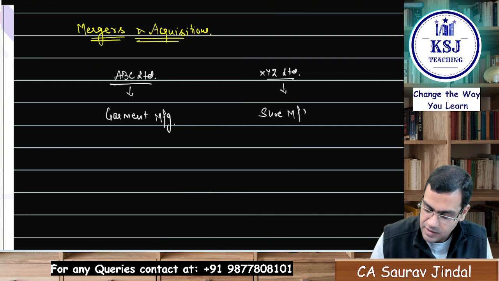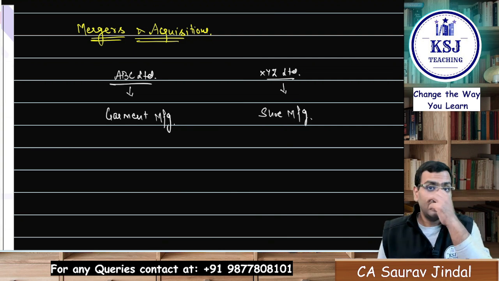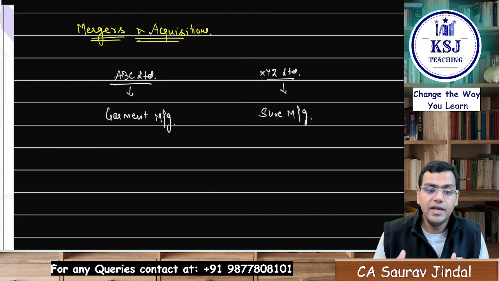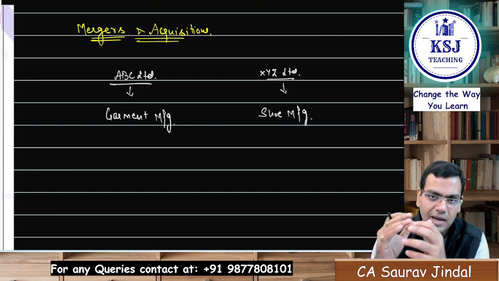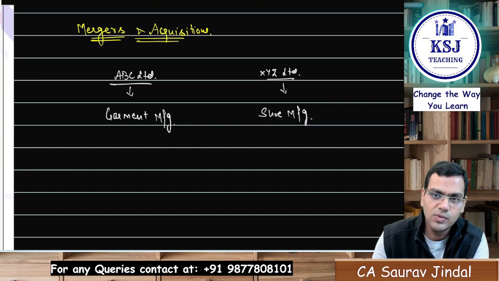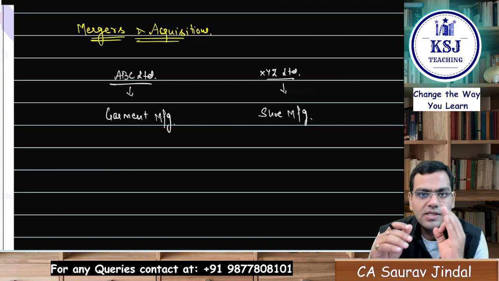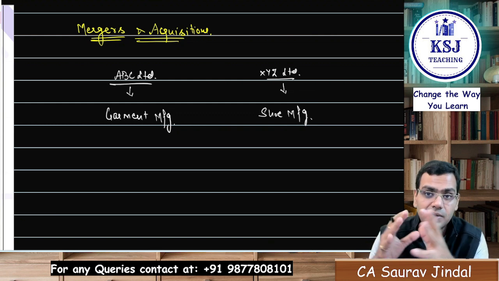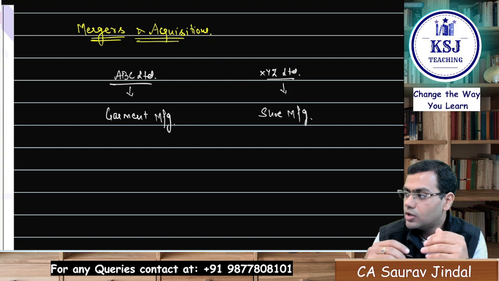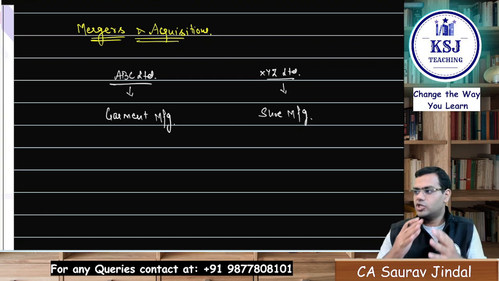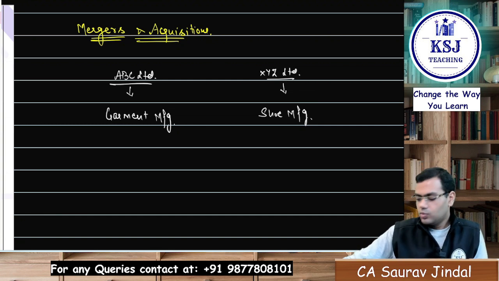Fine. Now, if ABC Limited wants to enter into shoe manufacturing, what will happen? Forget about XYZ Limited for a moment and just think that ABC Limited wants to enter the shoe manufacturing industry, right? Then what will happen, sir?